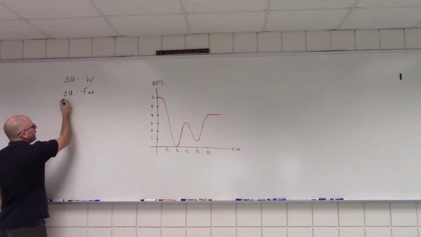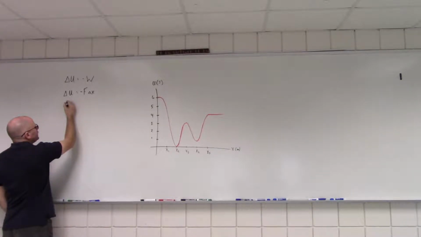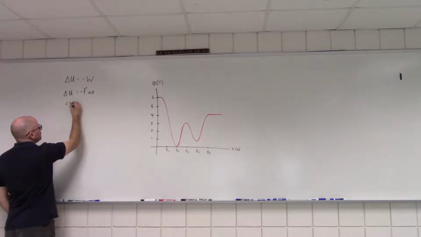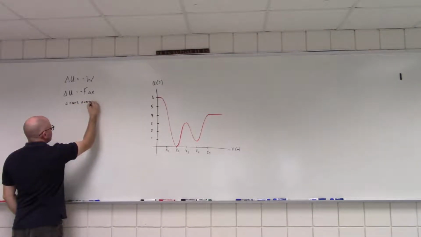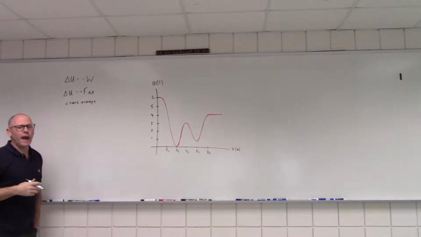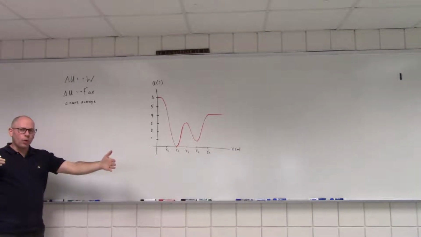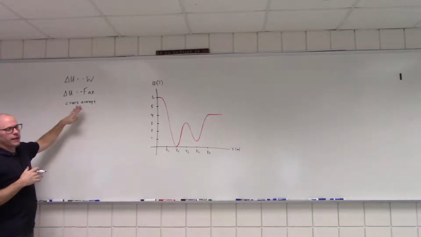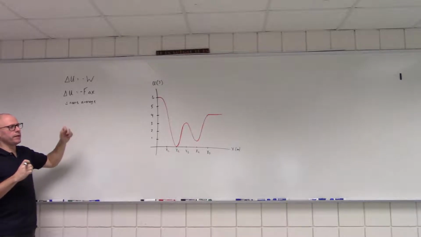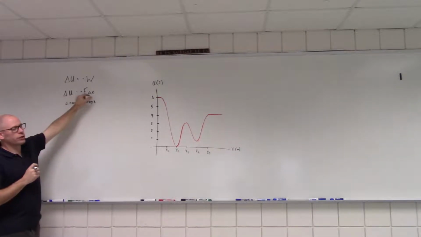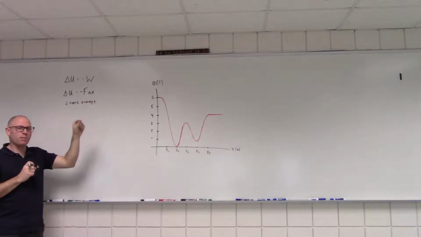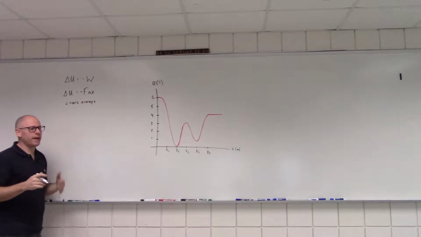But here, when you use the deltas, this means an average, or over the total amount. It's not an instantaneous change. In order to do an instantaneous change, we need to take our deltas, our changes here and our changes here, and make them infinitely small so that we can see the instantaneous change.